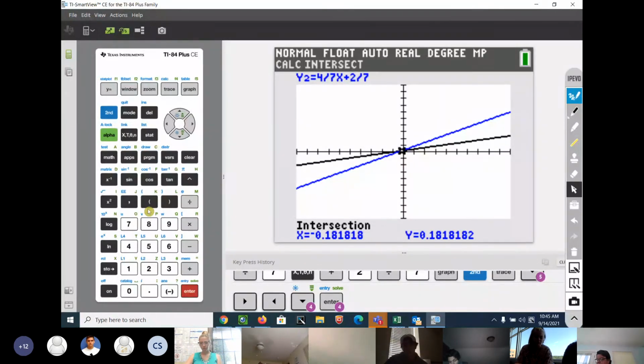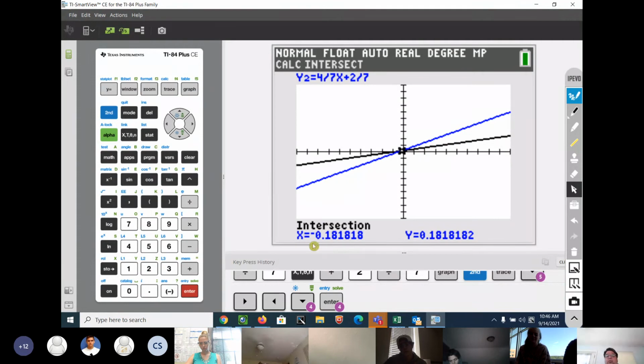And there is no way in Hades you would be able to do that on a hand graph. You wouldn't get 0.18 and 0.18 unless you had a very detailed graph. So graphing, that leaves that to the calculator on that one.